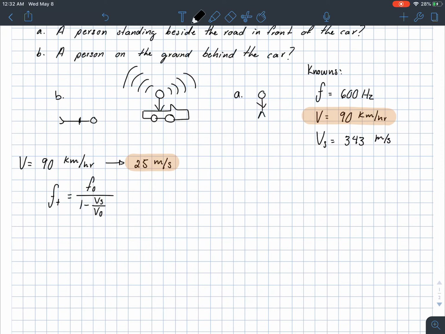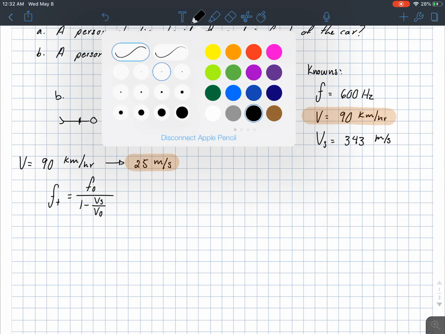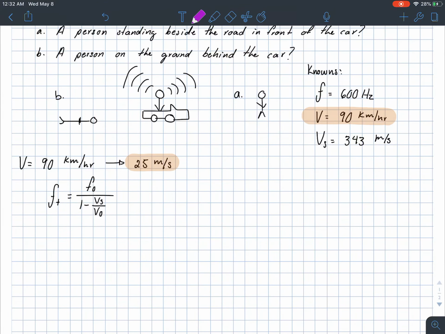Now I'm giving this formula, but one thing I like to do is identify what I can use and what I'm not given. So we know that f naught here is equal to the source frequency.